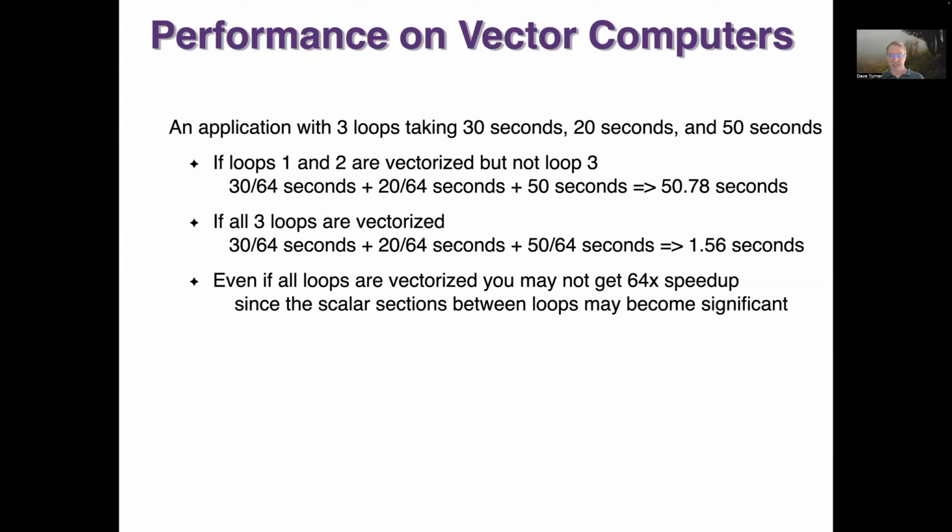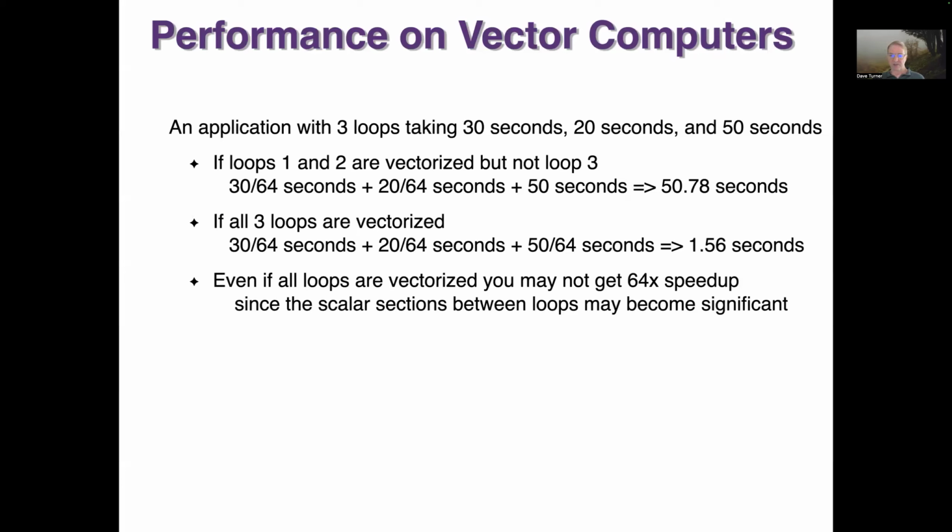Now, there are going to be scalar sections in between the loops, but usually those are not that significant. So, if you get a 60 times speed up by using a vector computer that can potentially get 64 times speed up, then that's very good. You're still getting the majority of the potential that's there to speed up your algorithm.